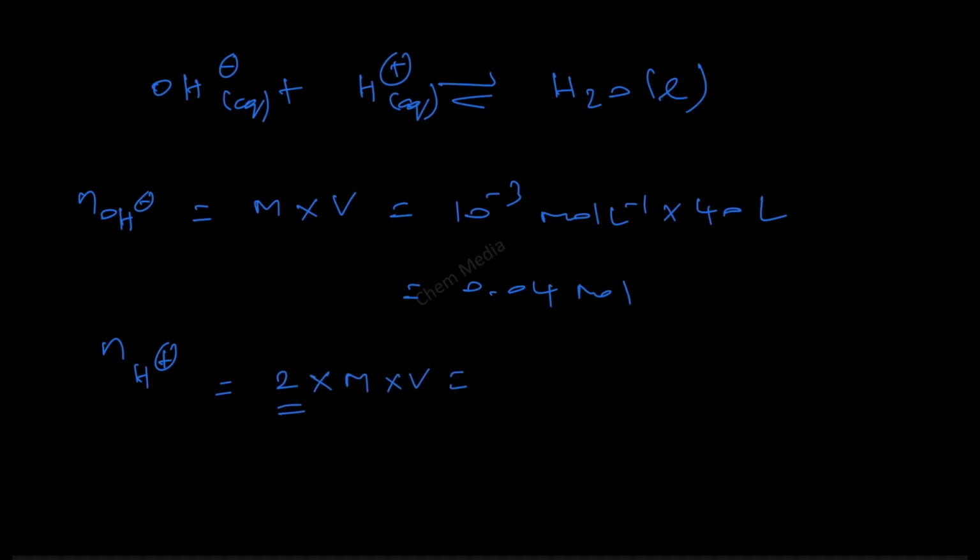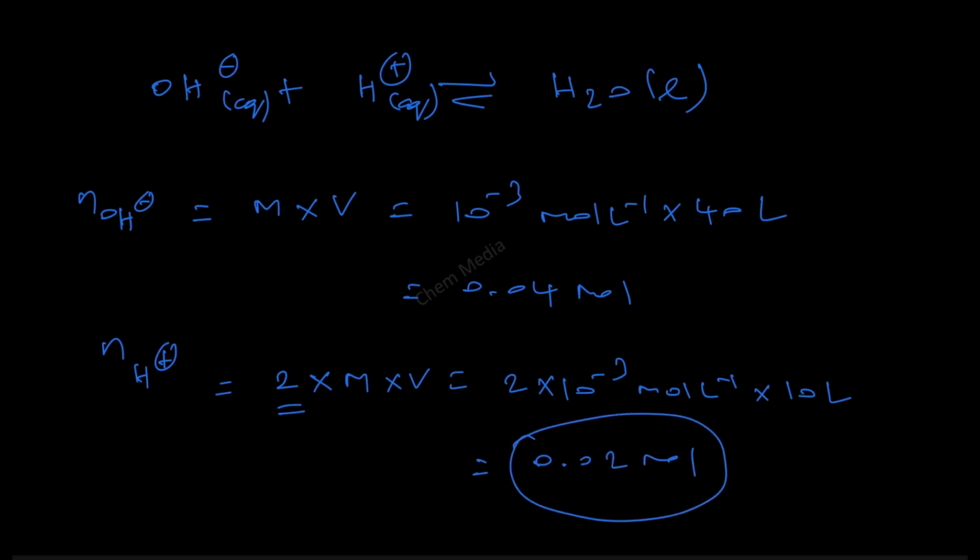Because H2SO4 is a diprotic acid. So 2 times 10 to the power minus 3 mole per liter times 10 liters, and that is equal to 0.02 mole. So 0.02 mole of H plus will neutralize 0.02 moles of OH minus. So therefore 0.02 moles of OH minus is in excess, isn't it?